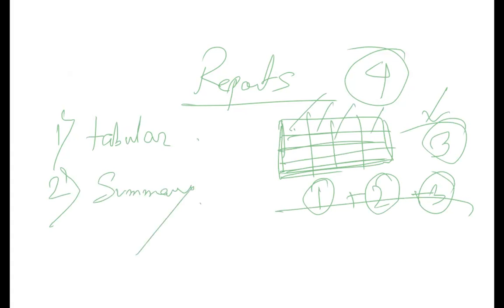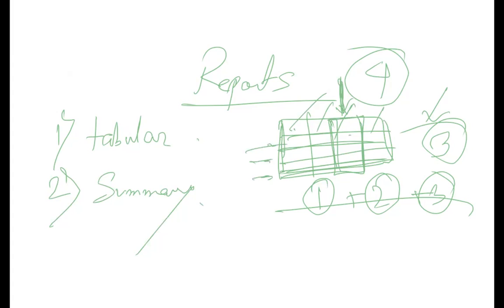Summary means if I group any of the columns. What do I mean by group? Group means if the value of this column in each row repeats, we'll see that in detail.